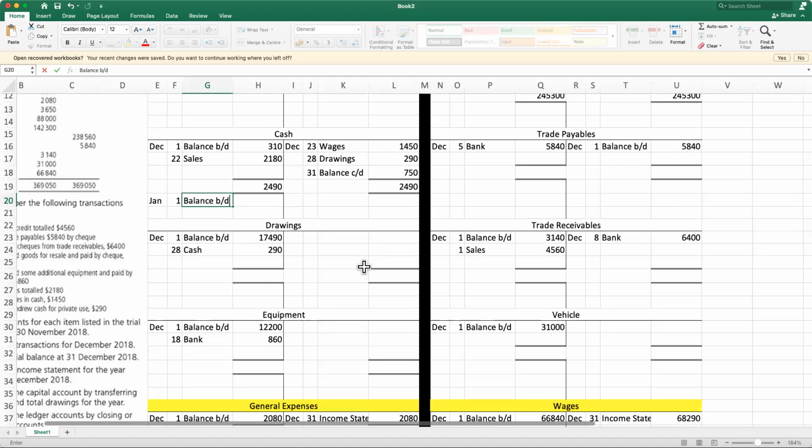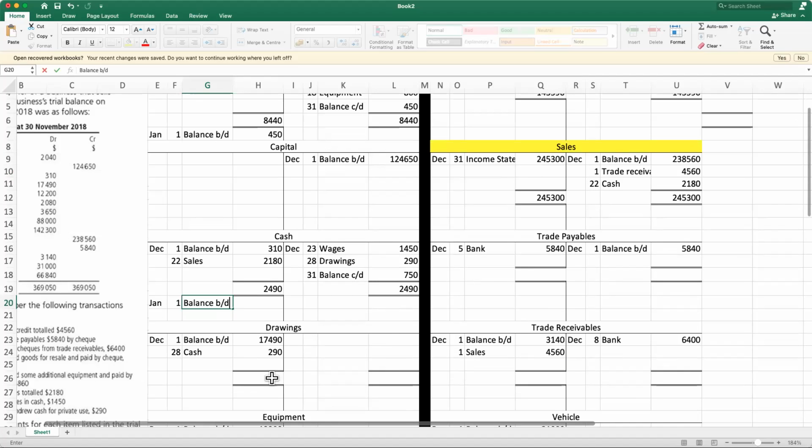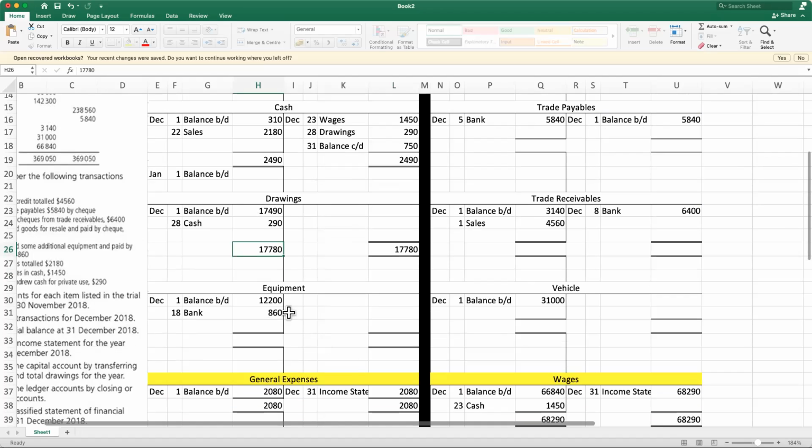Okay, drawings. Drawings you're not going to touch, because apparently we need to do something with the capital here. But I'm just going to write the total here so that we can do our trial balance: 17,780. Equipment, yes, we need to do something about it. 13,060.